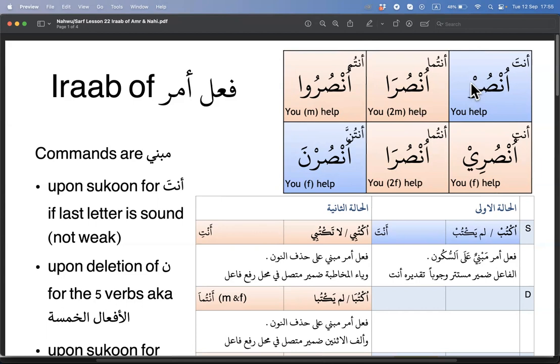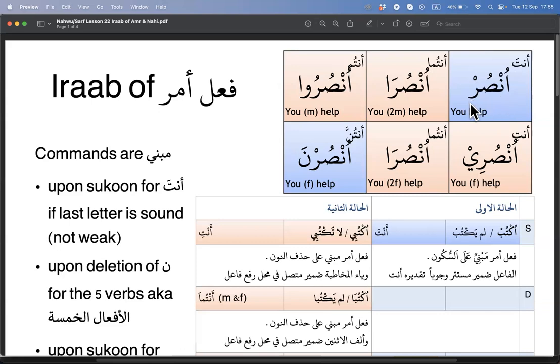What I'm trying to say is they say it's mabni because if you put an, for example, it will still be unsur. An is a harf that makes the next word mansub, but it has no effect on fi'il amr.